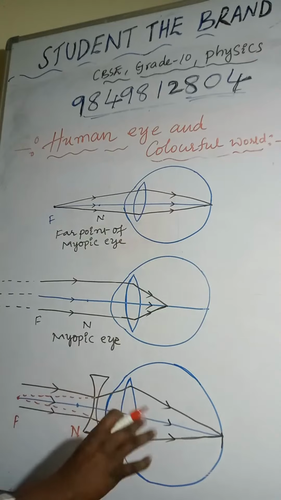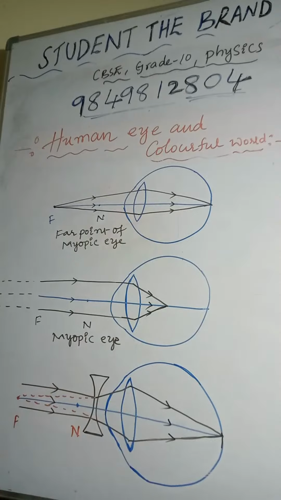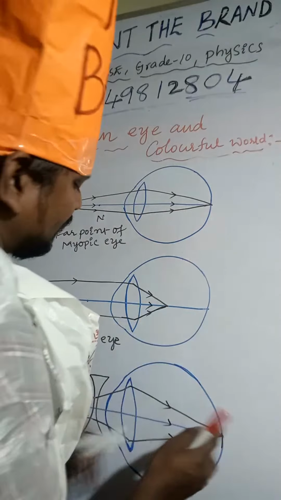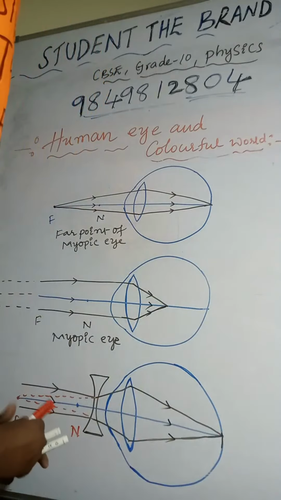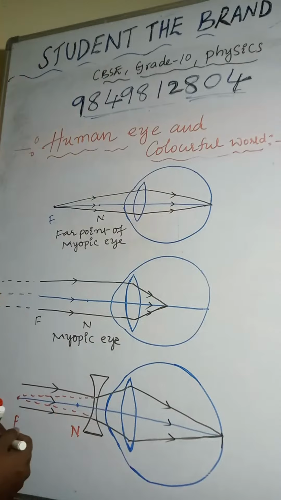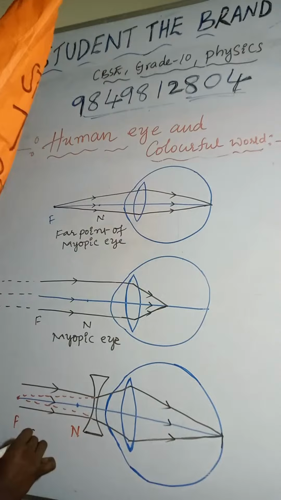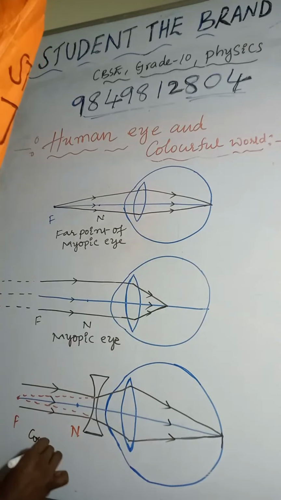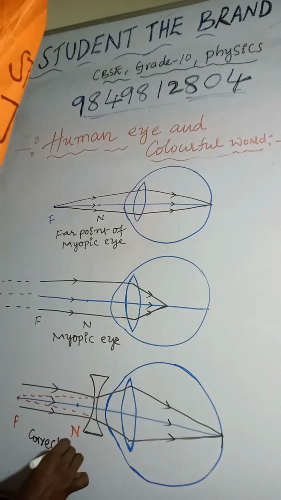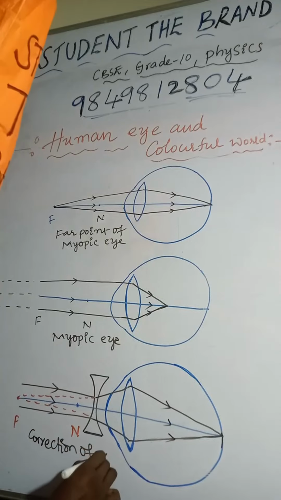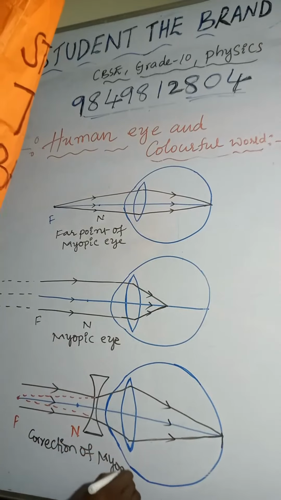If the light rays are coming from infinity, after refraction it will diverge, again it will converge and meet at retina. So this is a correction of myopic eye.